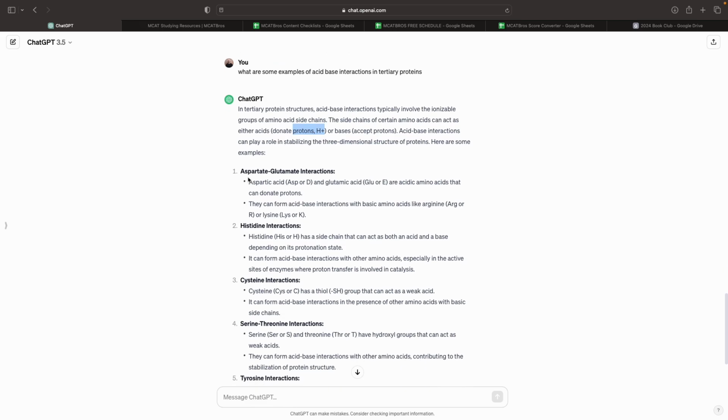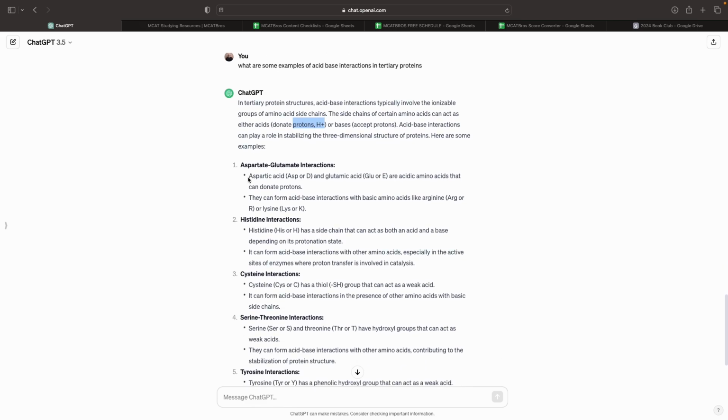Here are some examples. So we have aspartate glutamate interactions, where aspartic acid, Asp, and glutamic acid, Glu, are acidic amino acids that can donate protons. They can form acid-base interactions with basic amino acids like arginine or lysine.